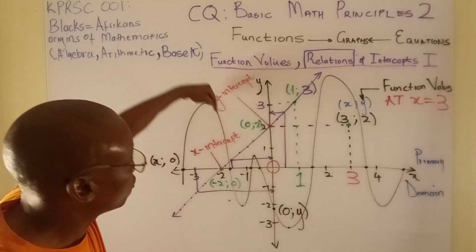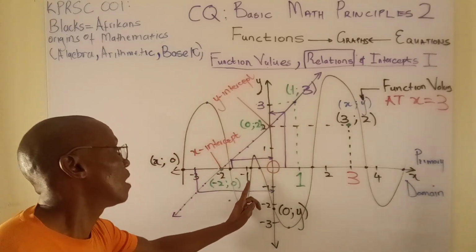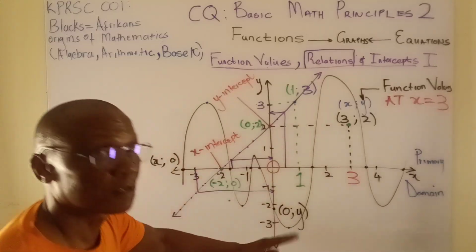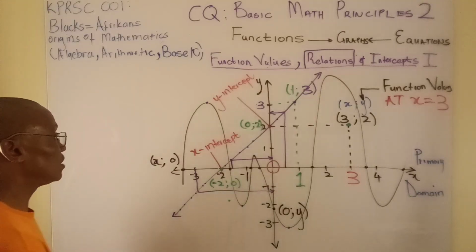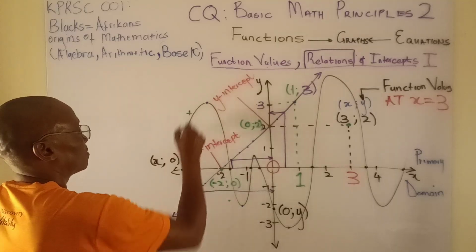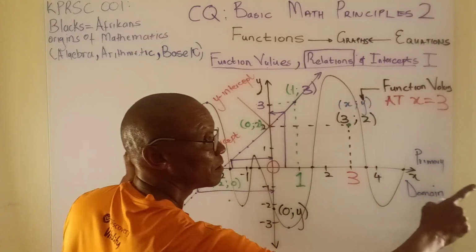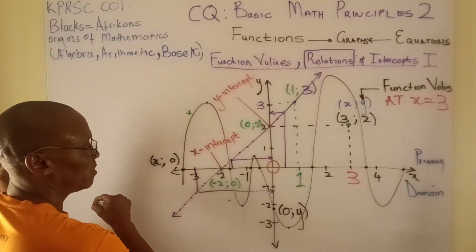Right. When it's going to the negative, we say it's decreasing. When it's going up, we say it's increasing. So it's increasing, decreasing, increasing, decreasing. Usually the increase we specify as a plus to say it increases. And we look at it from left to right. We analyze it from left to right.